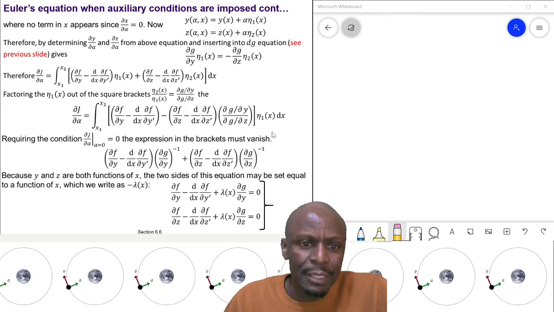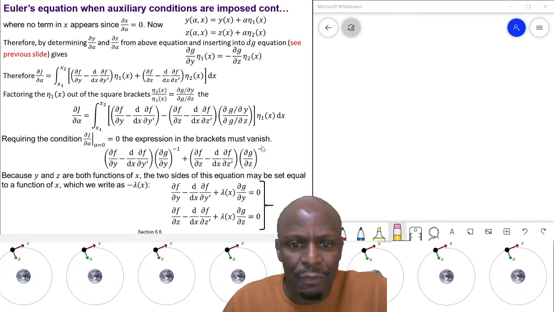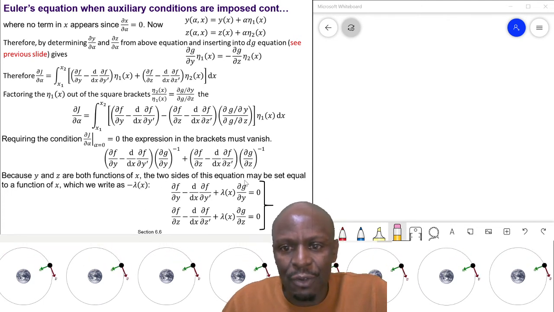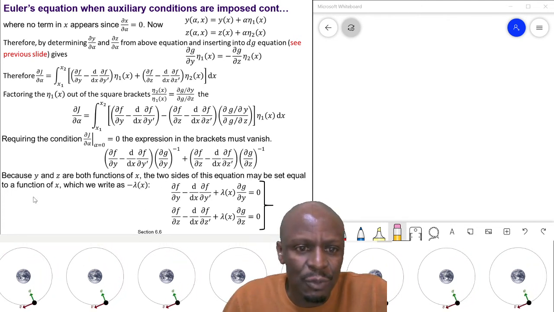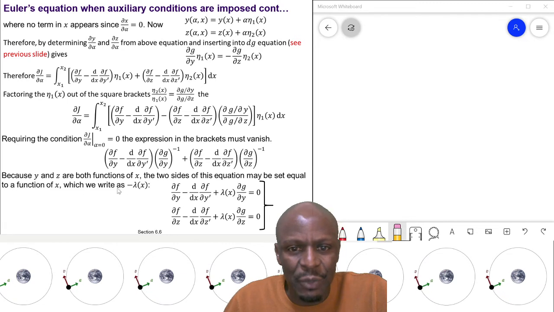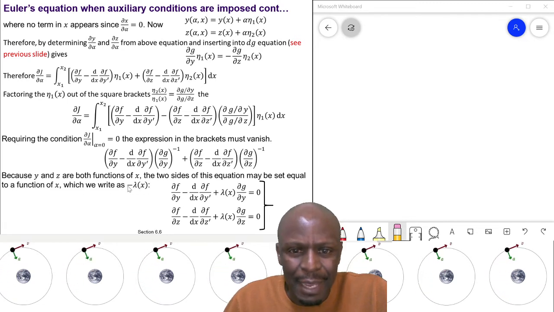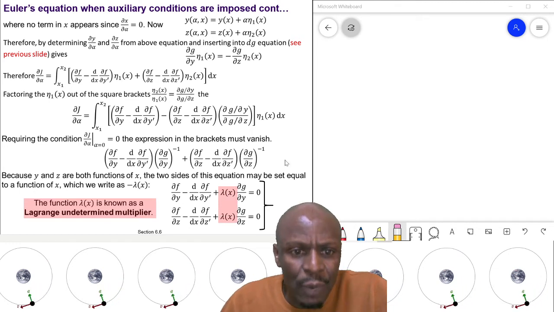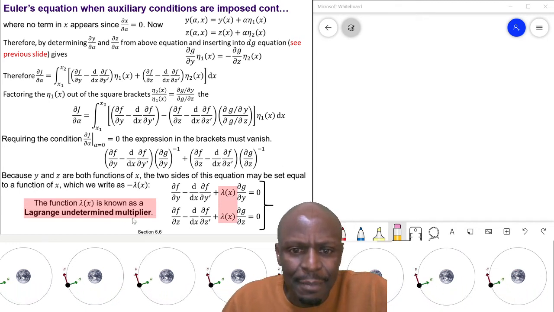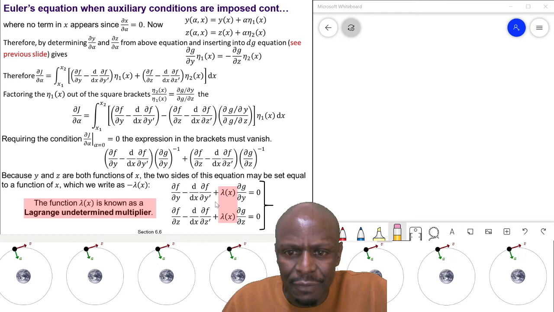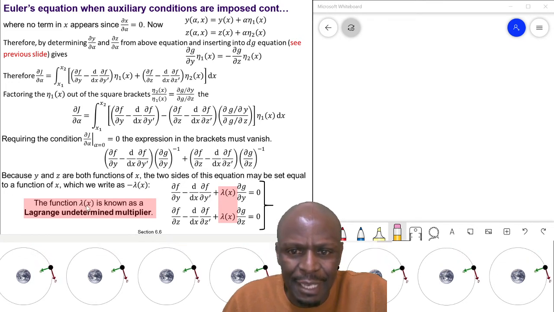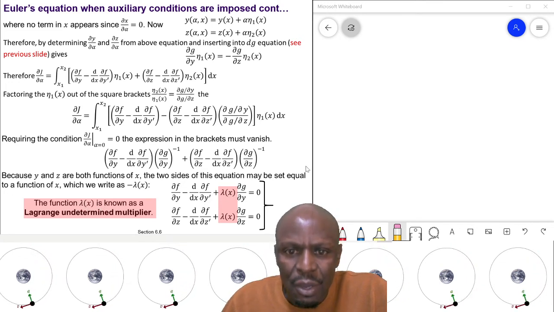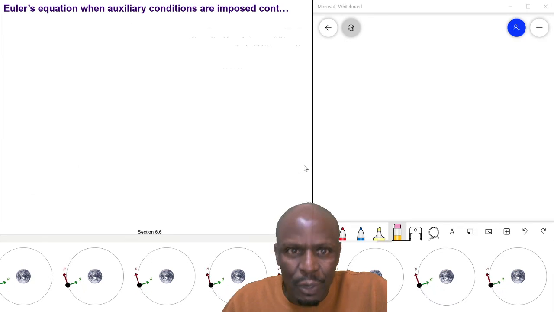Now in that case, because y and z are both functions of x, the two sides of the equations may be set equal to a function of x, which we denote by negative lambda of x, and that negative lambda of x is what we call the Lagrange undetermined multiplier. So this is what you are going to have.